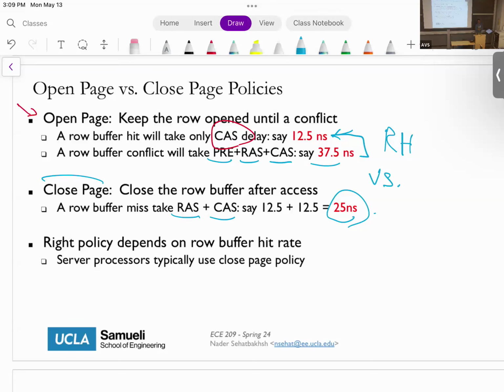We do memory paging, so we would know that a cache block was within the page. So we could default to always open page for stuff that is within the page and that we need to get into the cache. I mean, you would start with open page, but what if you don't really access multiple cache blocks within the page?